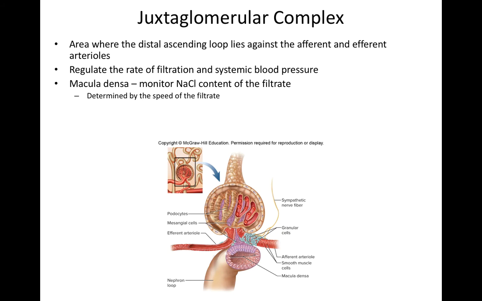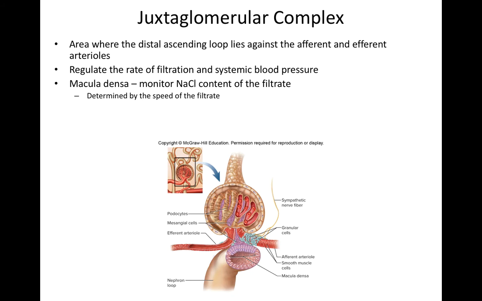And the faster it moves through the nephron, the less sodium chloride is going to be reabsorbed into the body, which means by the time we get here, there's still going to be a high concentration of sodium chloride. So what we're doing is making an estimate of systemic blood pressure based on speed of the filtrate, and we're measuring that by how much sodium chloride is left.